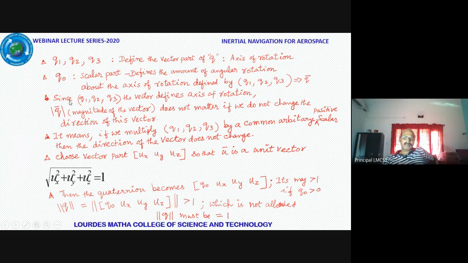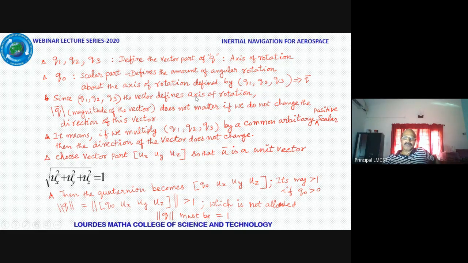And again, we will go on discussing like this because that is the only way to understand quaternion better. Since Q1, Q2, Q3, this vector defines an axis of rotation. When I say an axis of rotation, the length of the axis doesn't really matter. So the direction is what is important.